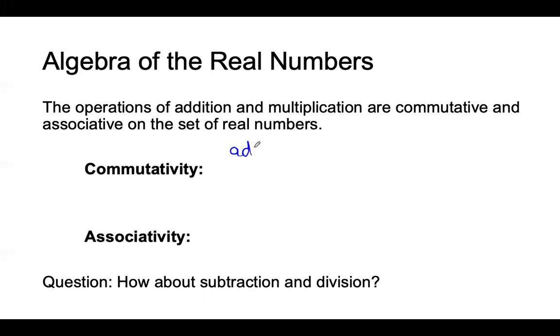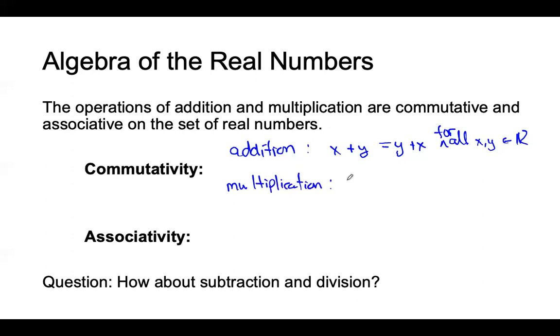In terms of addition, X plus Y is equal to Y plus X for all X and Y in R. And we can also do multiplication: X times Y is equal to Y times X, for all X, Y in R.